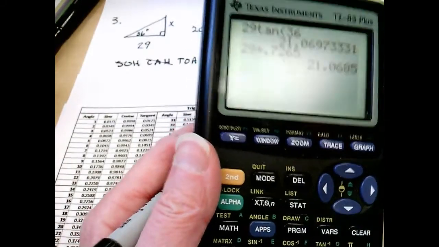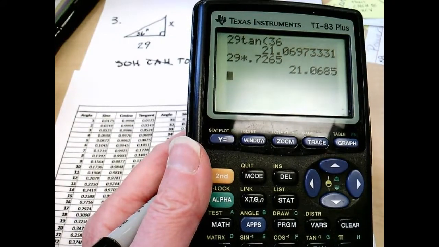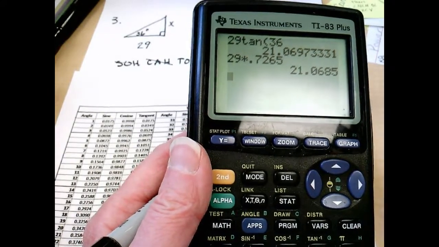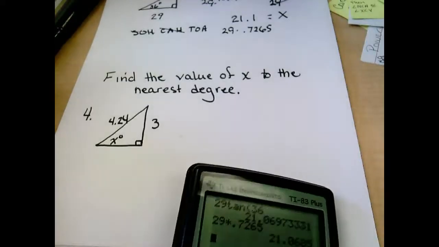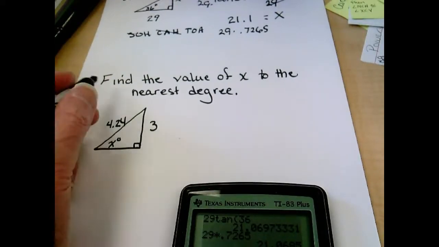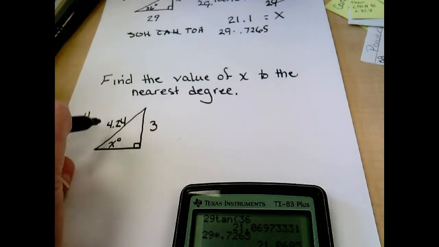So either way, if you don't have the scientific or graphing calculator, you can use the table and still solve the problem. Just the last example is to find the value of x to the nearest degree.